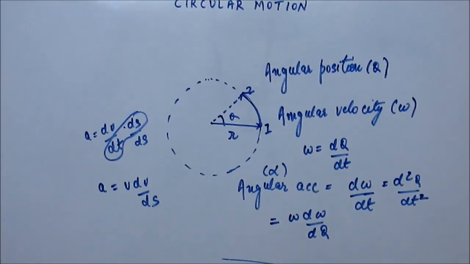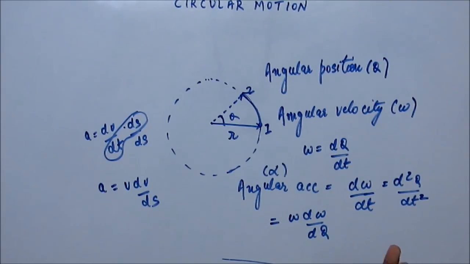Okay, so this is nothing new. Till now we have learned nothing new. These are the angular analogues of linear parameters. In rectilinear motion, you define the position vector of a particle. Similarly you'll be defining something called angular position, that will be represented by theta. It is the angle which the particle has covered from the reference line. Similar to velocity, you will have angular velocity.